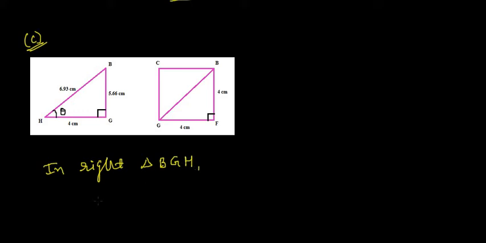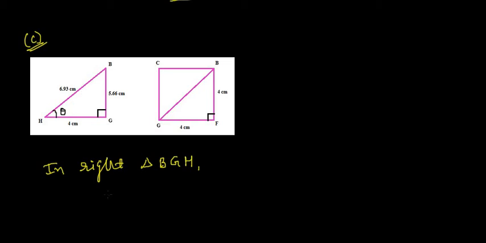Opposite side, adjacent and hypotenuse, everything is known to us. HG is very clear, which is one edge of the cube, which is 4, and HB we already obtained in the previous part, which is root of 48, which is 6.93. So from theta, adjacent side is HG, which is 4, and hypotenuse is 6.93.